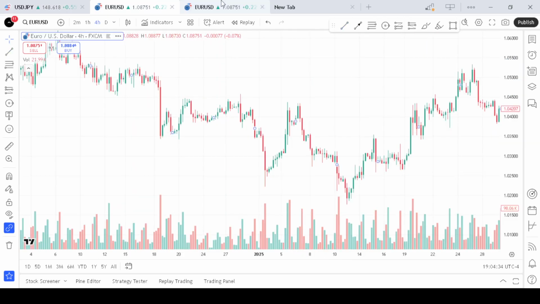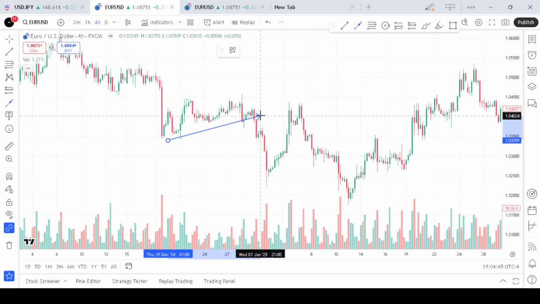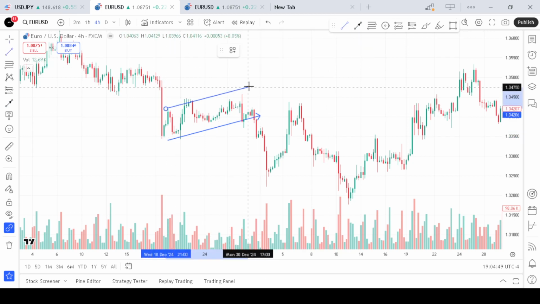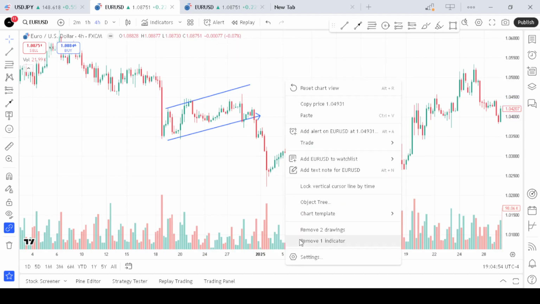While in a bear market, we see a flag creating an upward slope or an upward channel to the upside. As we can see, this is typically the bear flag. This is what we are talking about.